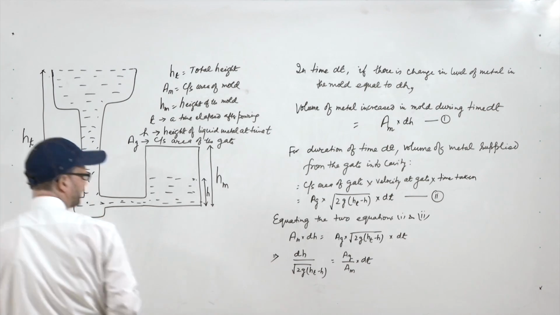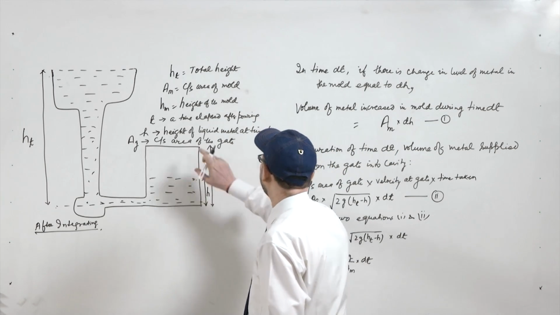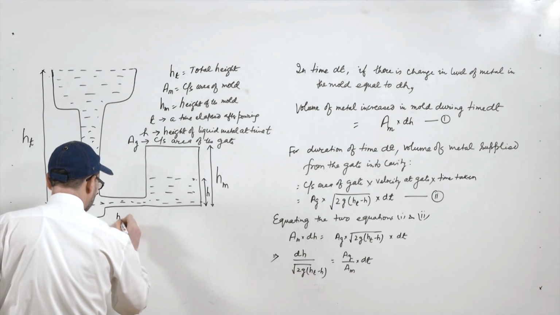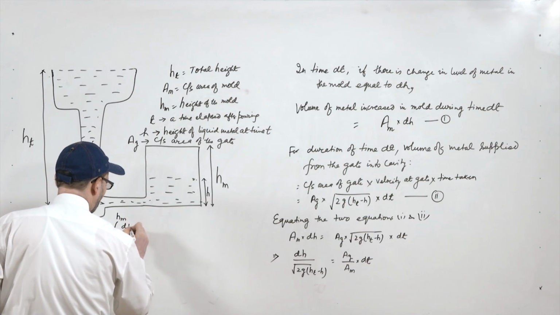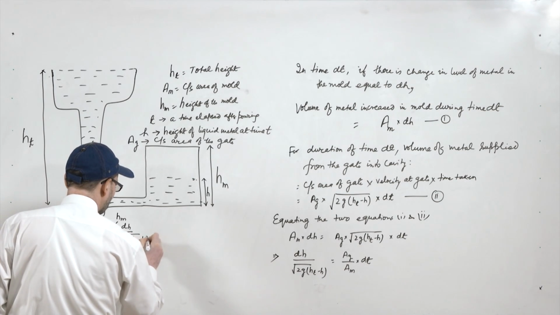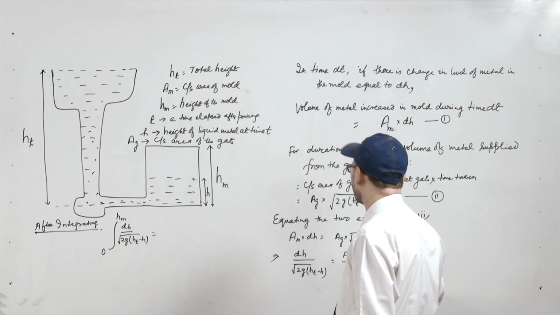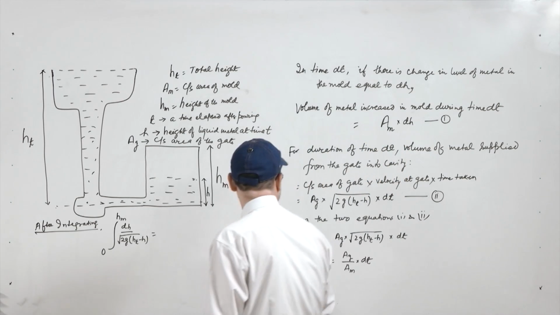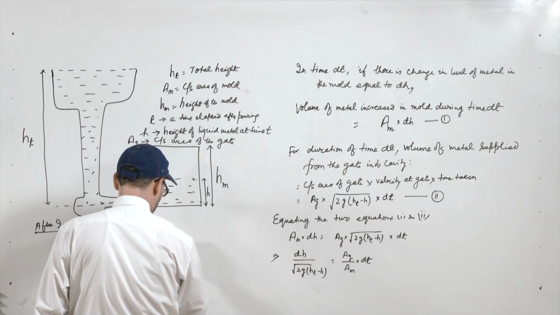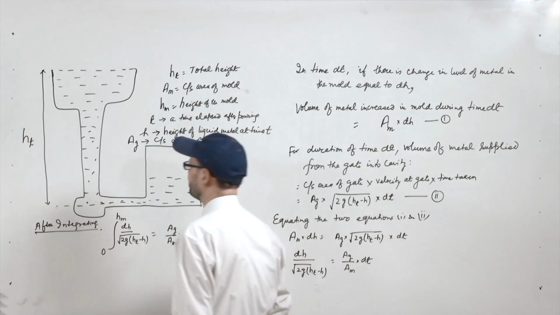So, how you have to integrate? This h varies from 0 to hm. So, 0 to hm dh upon root 2g (ht minus h), and time will be the total time of pouring, so it will be Ag upon Am into time of pouring, Tp.